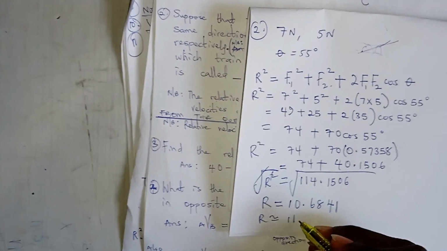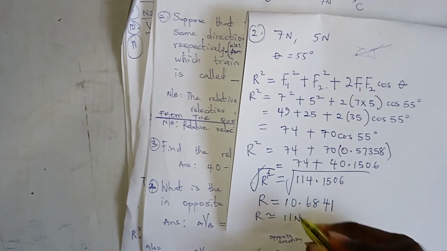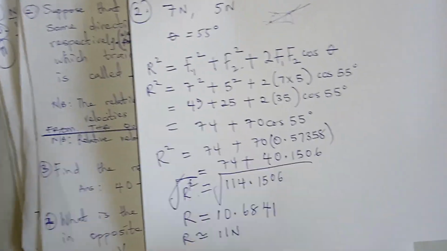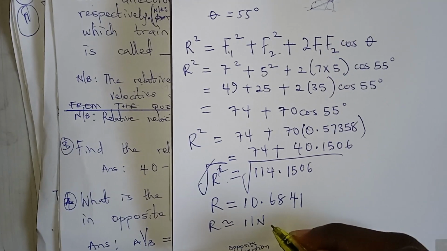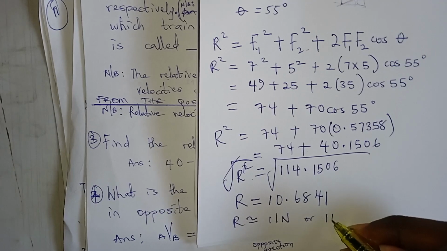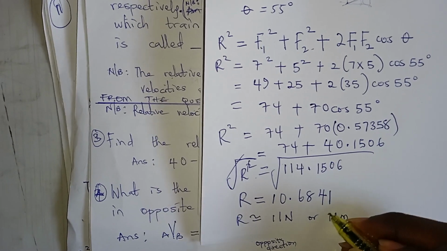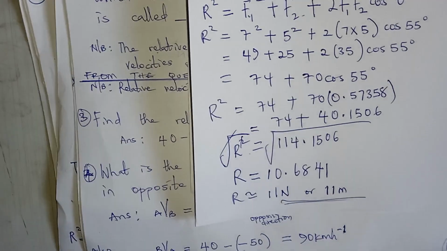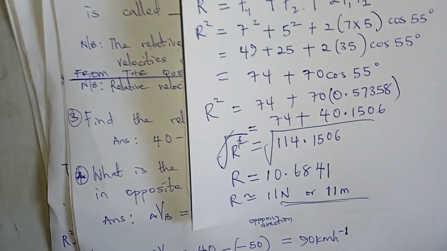So this can be represented as 11 Newton, but assuming the question says find the displacement or find the result or find the distance, it can also be in meter, 11 meter. So whichever way. So now that you know this, remember they said find, let's go back to the question.